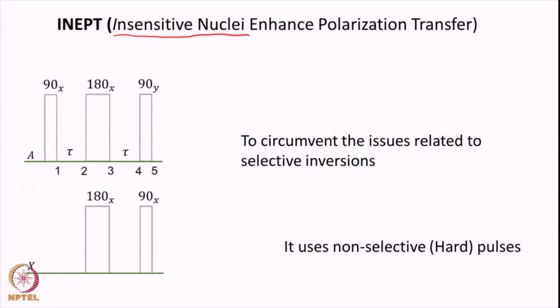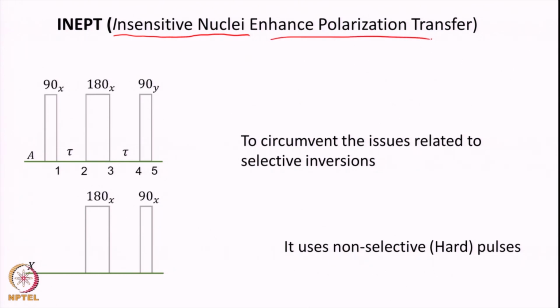We want to enhance the signal of these low gamma or insensitive nuclei by transferring the polarization from the high gamma nucleus, which is proton. If you transfer the polarization from proton, a high gamma nucleus, to carbon 13 or nitrogen 15, which are low gamma nuclei, that method is called INEPT, insensitive nuclei enhancement by polarization transfer.